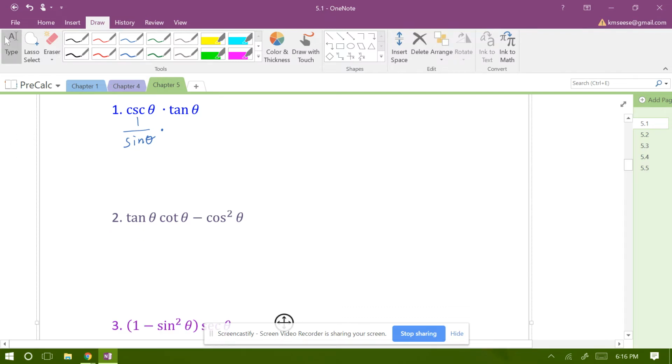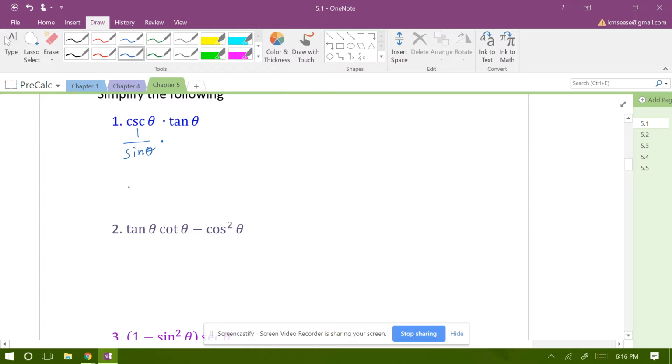What would help us is if we use the quotient identity, which means that tangent of theta is sine of theta over cosine of theta. We do this because when we multiply, our sine of thetas cancel each other out. So we're really just left with 1 over cosine of theta, and 1 over cosine of theta really just reduces to secant of theta. You wouldn't necessarily know right away looking at it that cosecant of theta times tangent of theta equals secant of theta, but it actually does.